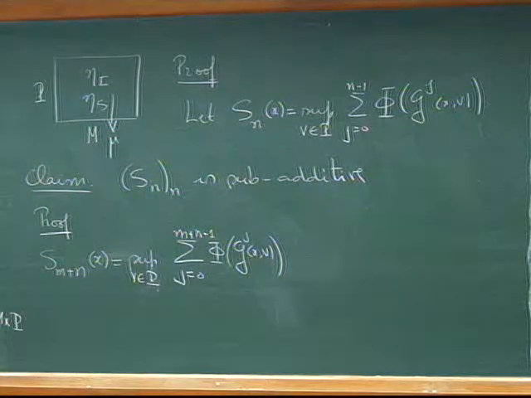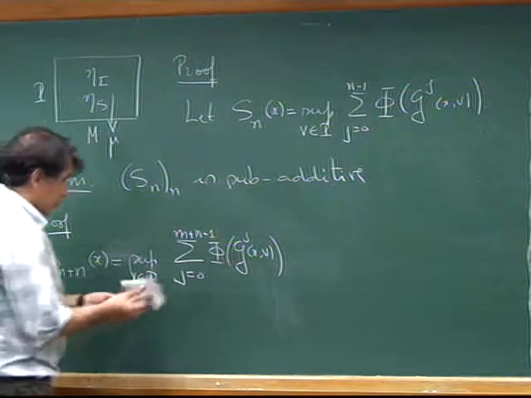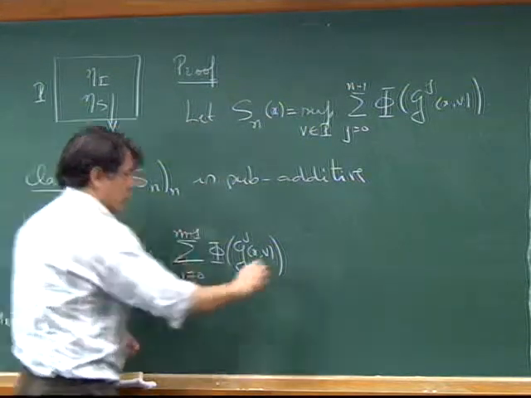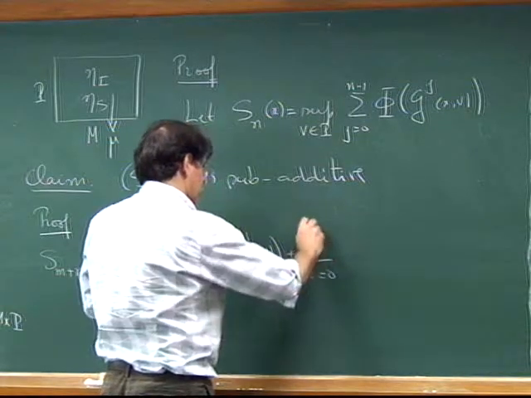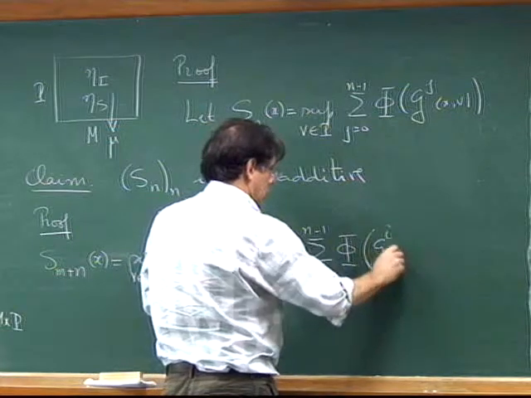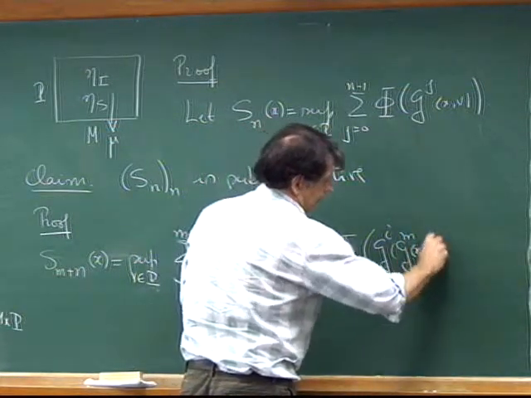Now this sum here may be split into two parts, and I'm going to do that right away. I sum from 0 to m minus 1, and then I sum from 0 to n minus 1 of phi g^i of g^m of x, v.